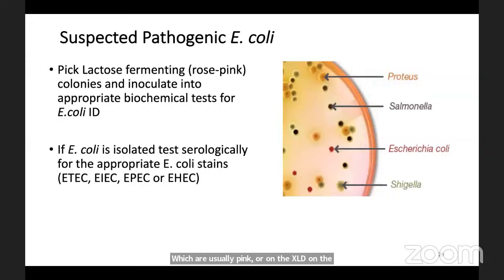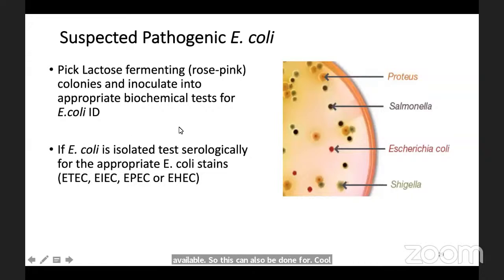And then you do your appropriate biochemical test to identify E. coli. So if you have E. coli, then you can go ahead and use the appropriate antisera, if available, to type or to screen for the various strains that are available. So this can also be done on stool culture.